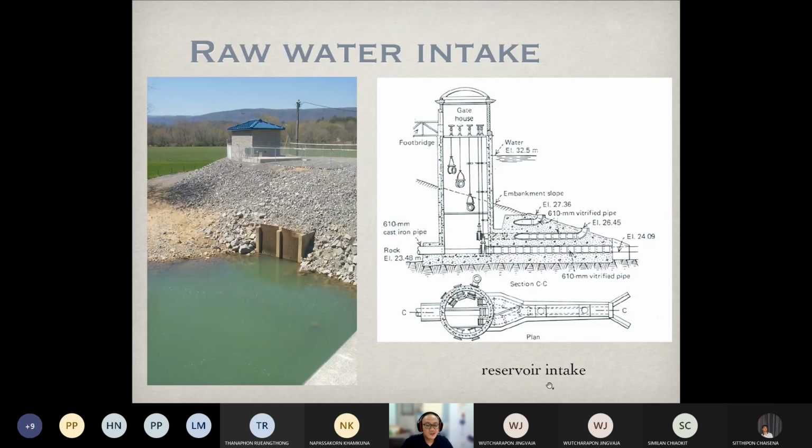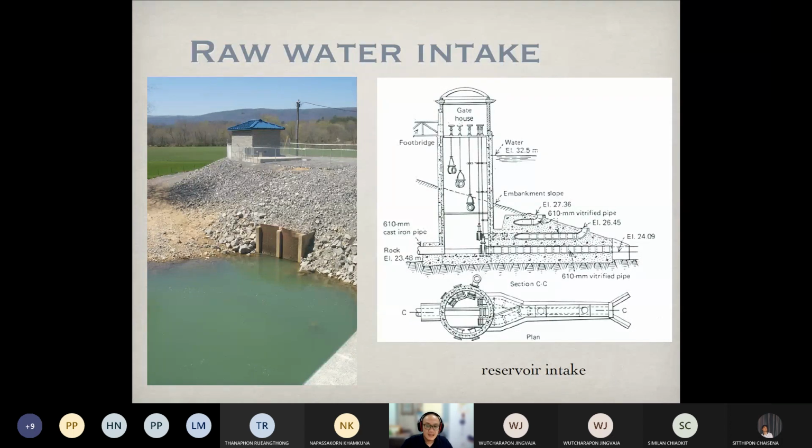So this is the reservoir intake. The photograph is showing a reservoir intake. Basically, these are intake structures located next to the reservoir. So the construction of this intake facility must be done along with the construction of the dam or the reservoir.